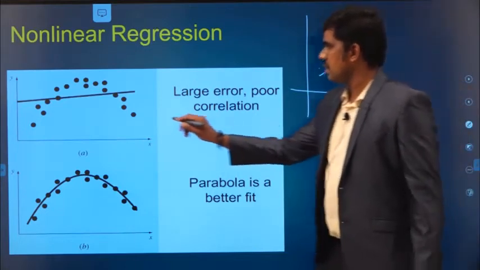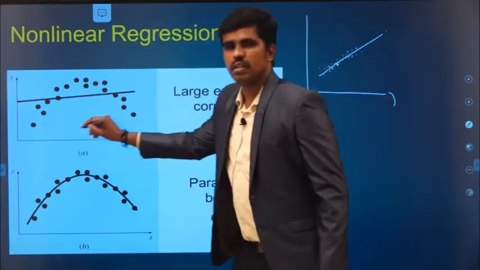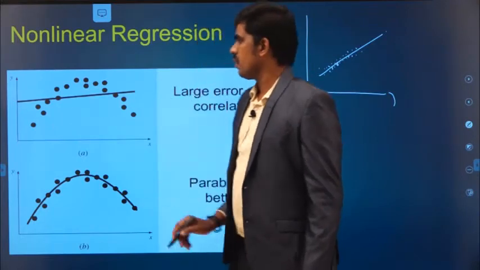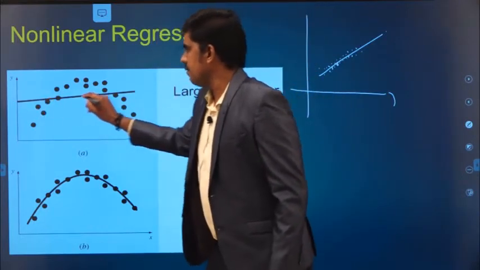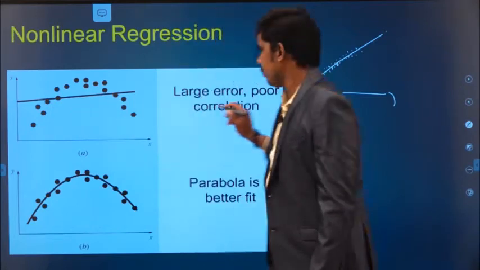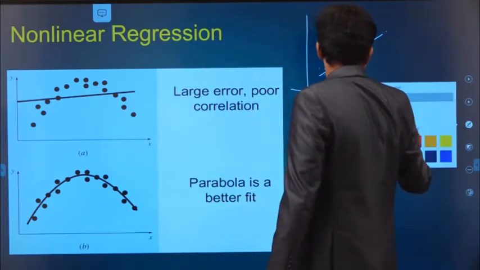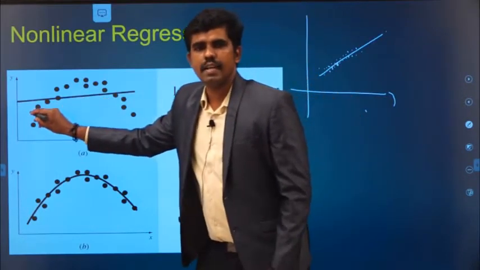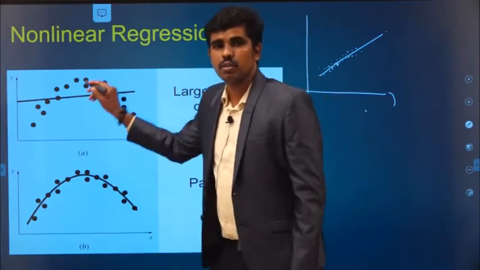But if you are given data like this, plotted points, and you find a straight line fit, you cannot get the best solution, you cannot find the best approximation for those data.